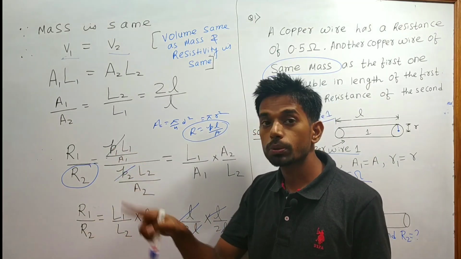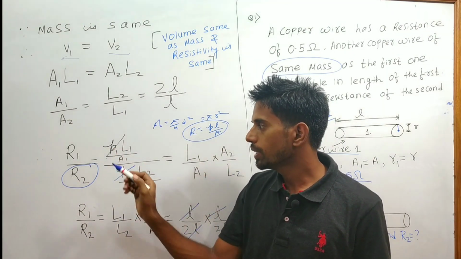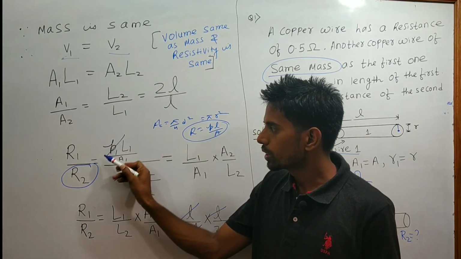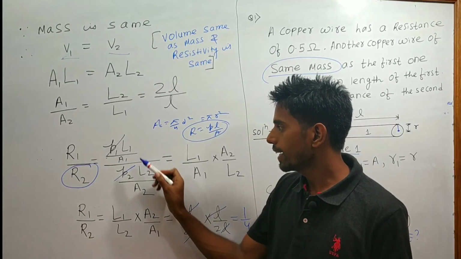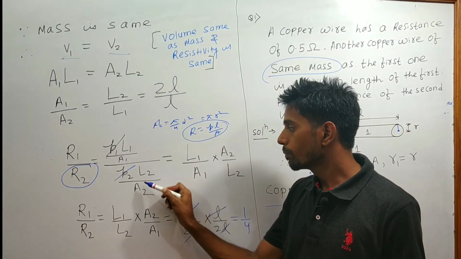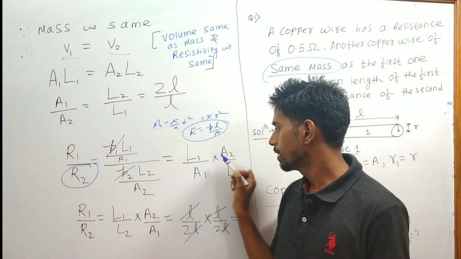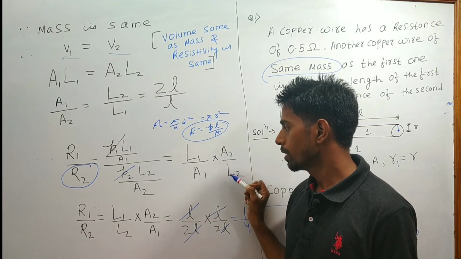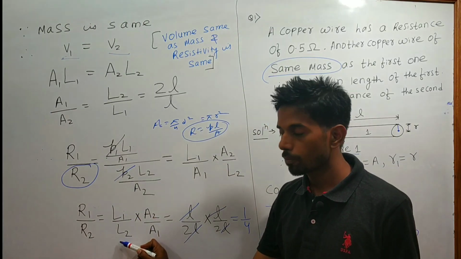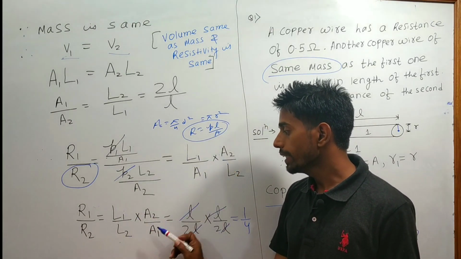Since both are made of the same material, their resistivity is the same, that is rho 1 is equal to rho 2, both get cancelled. Therefore we will get L1 by A1 into A2 by L2. Now if we arrange L1 by L2, we can write in this way also, into A2 by A1.